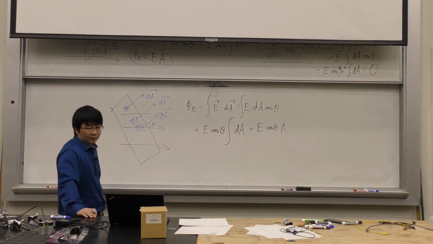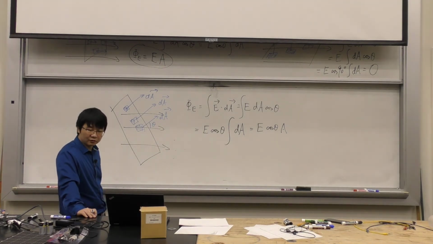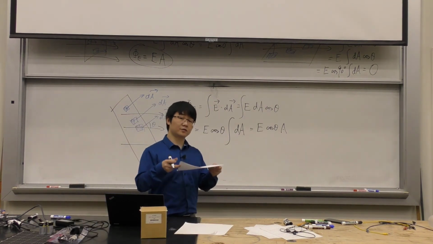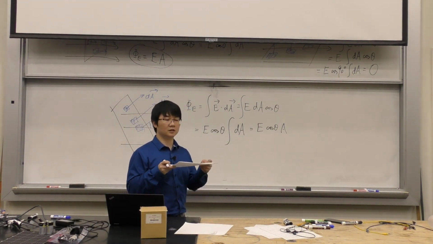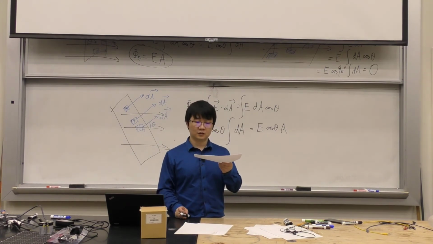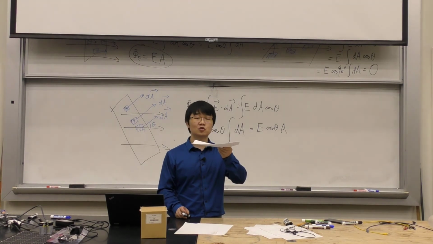So, even if you define the electric flux using the angle between E and dA, there's still some ambiguity. If this is a surface, the dA is defined as perpendicular, but there are still two options.